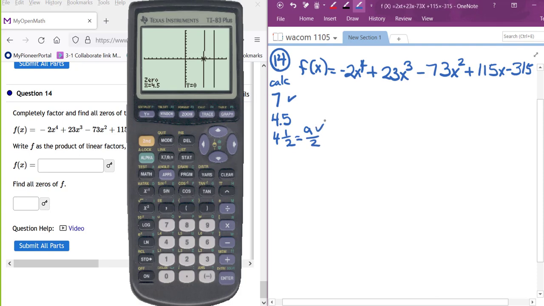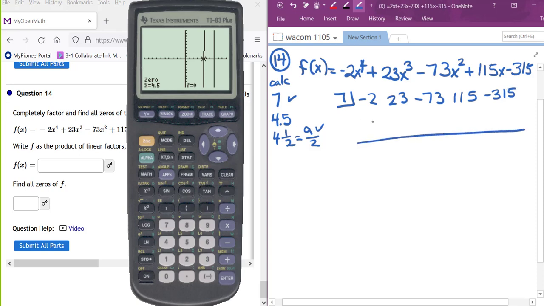So I have 2 zeros. Then I'll go to synthetic division. I'm going to do the 7 first. -2, 23, -73. And if I make any error, you guys help me out there. That's why I try to work the problems ahead of time so I can avoid making those, because the errors happen. Okay. All right, -2 times 7 is -14.